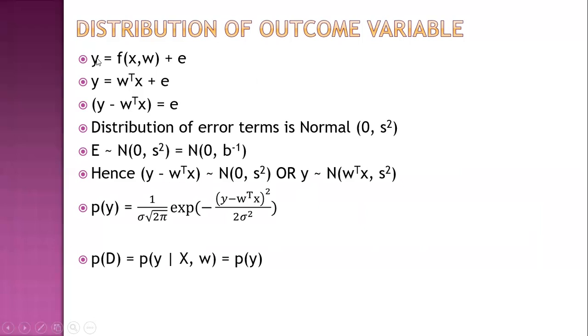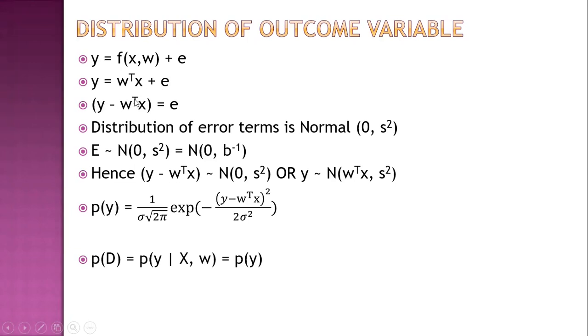So if y is the outcome variable and it is regressed on the input variable x, and this is the matrix of x variables, this is the vector of parameters w which we need to estimate, and these are the error terms. So y is equal to w transpose x plus error.